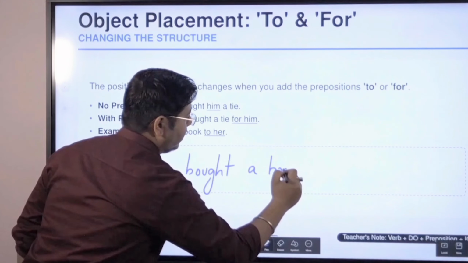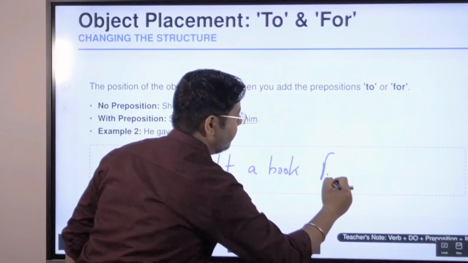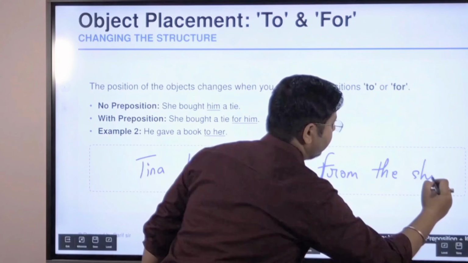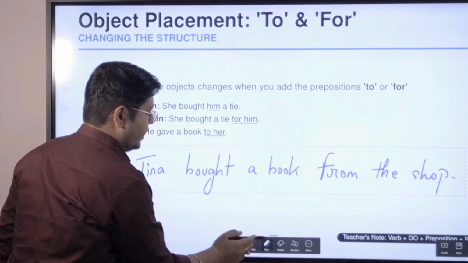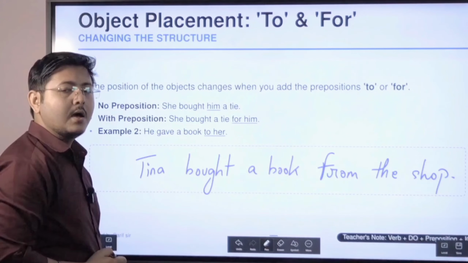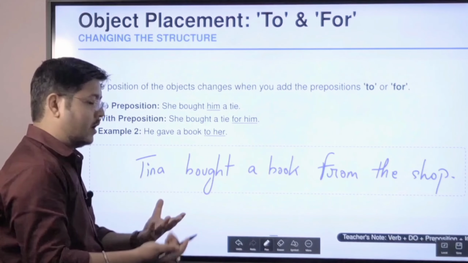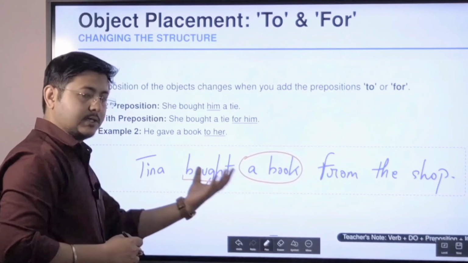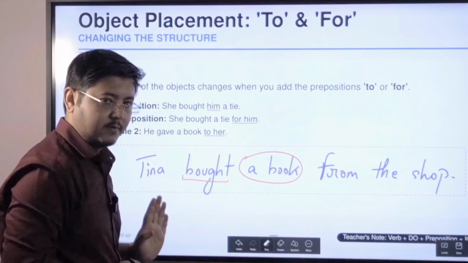Tina bought a book from the shop. In this sentence, there is only one object of the verb. Tina bought what? A book. This is the item getting directly affected by the verb.